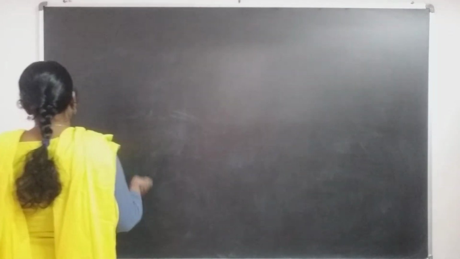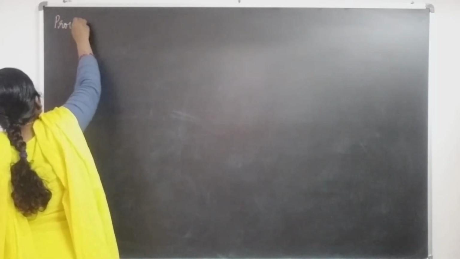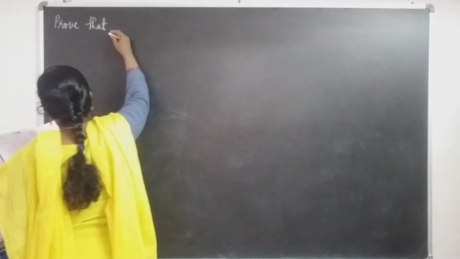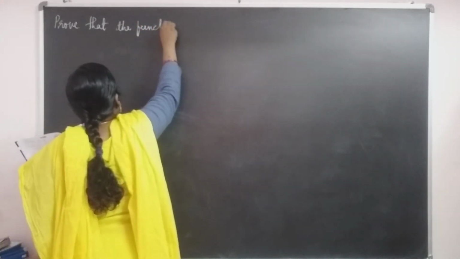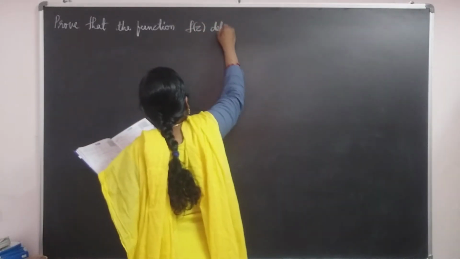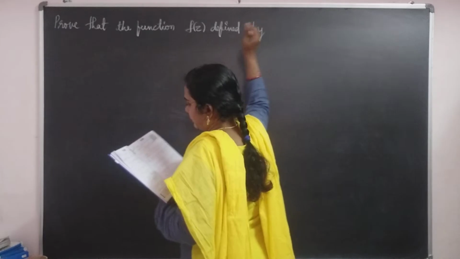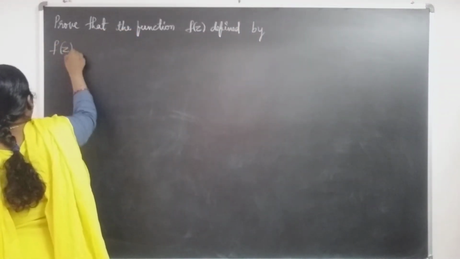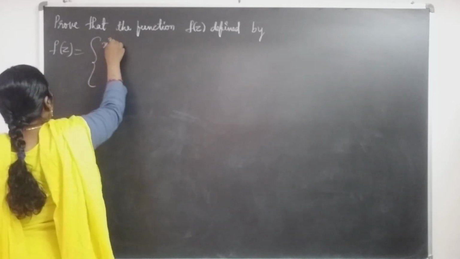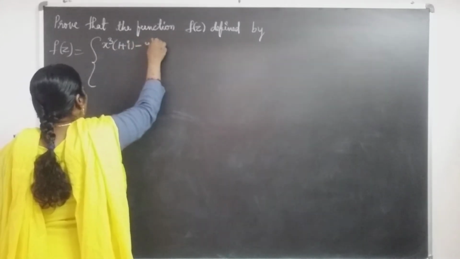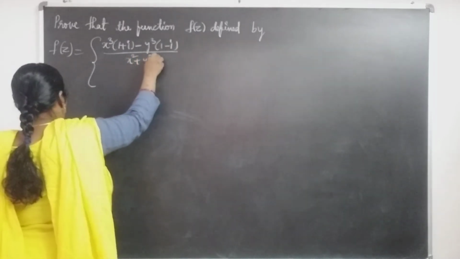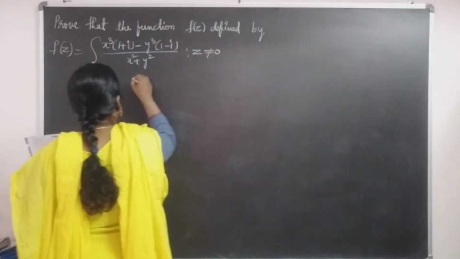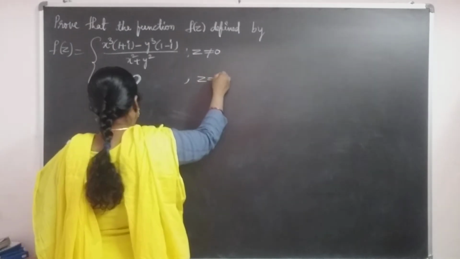I am taking the problem, and it can be asked this way: prove that the function f of z defined by f of z equal to x cube into 1 plus i minus y cube into 1 minus i, by x square plus y square, at z not equal to 0. It is 0 at z equal to 0.